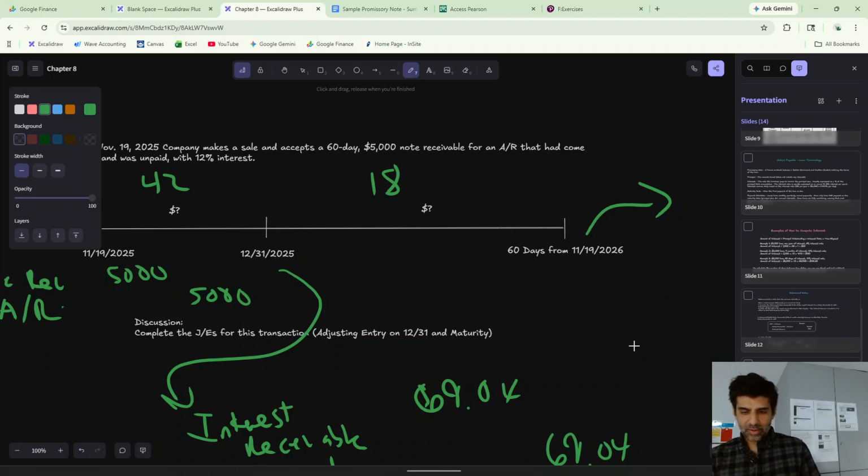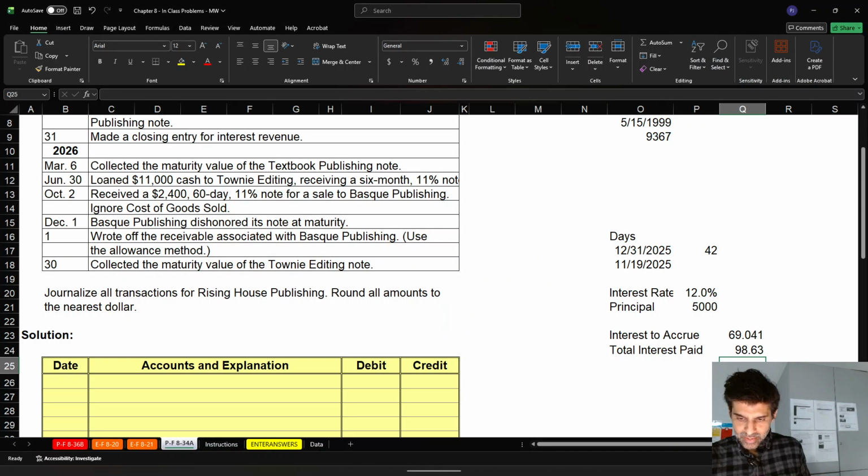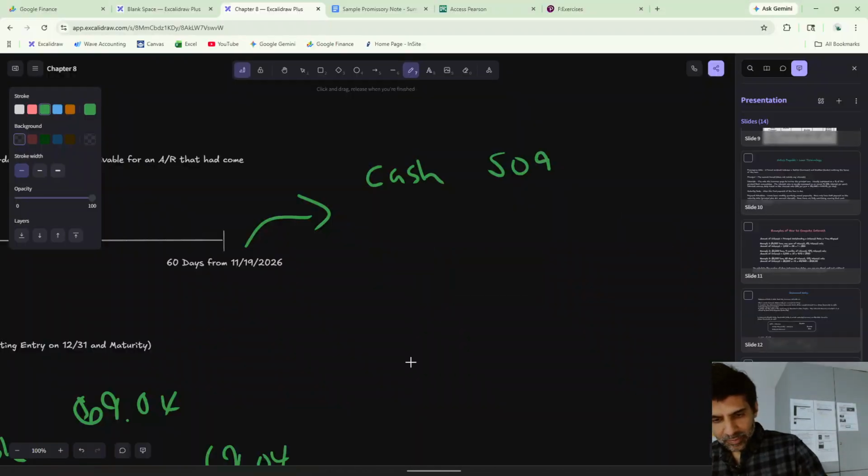So it's going to be cash, $5,098.63. I would start with that. That's the most obvious part of it. How much cash they're going to give us total, principal plus total interest of 60 days. That's how much I'm going to debit because that's cash I'm receiving.